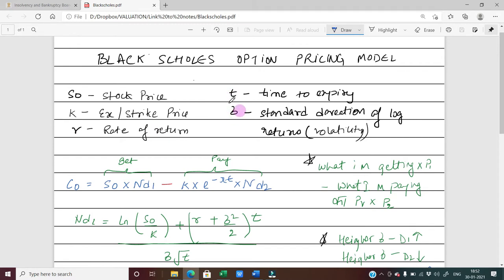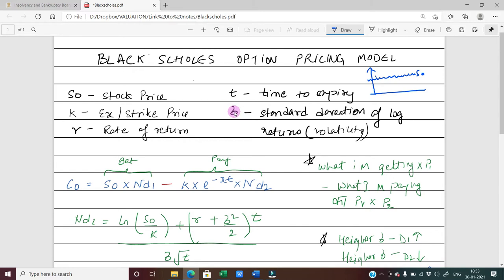The weird looking symbol is called sigma. It is the standard deviation of the logarithmic return, also called the volatility of a particular share. In simple terms, say there is one share whose pricing in a normal distribution is like this. The prices are going up and down, but in a kind of flat structure.